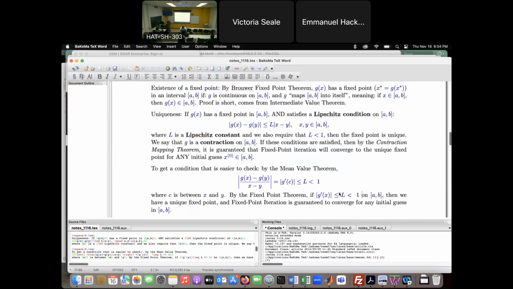In other words, 1 cannot be a limit point of the derivative. So as long as there's some separation between the derivative and 1, then we guarantee convergence of fixed point iteration. It can be a value that's extremely close to 1. L could be 0.99 something. But the derivative is not allowed to get arbitrarily close to 1.